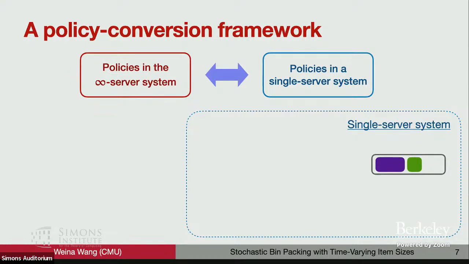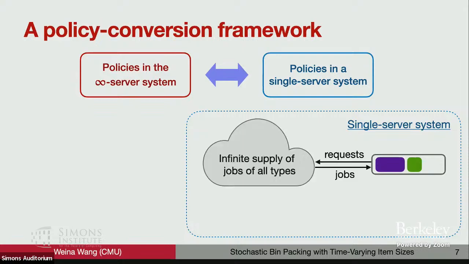Now I'll tell you what this single server system is. It's quite simple. It has a single server, and this server has access to an infinite supply of all kinds of jobs. This server can decide whether it wants one more job of a certain type or not.